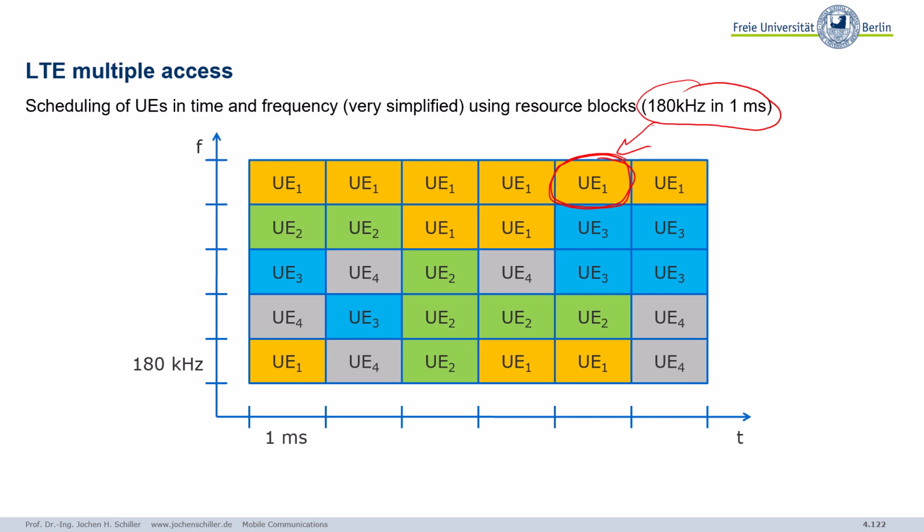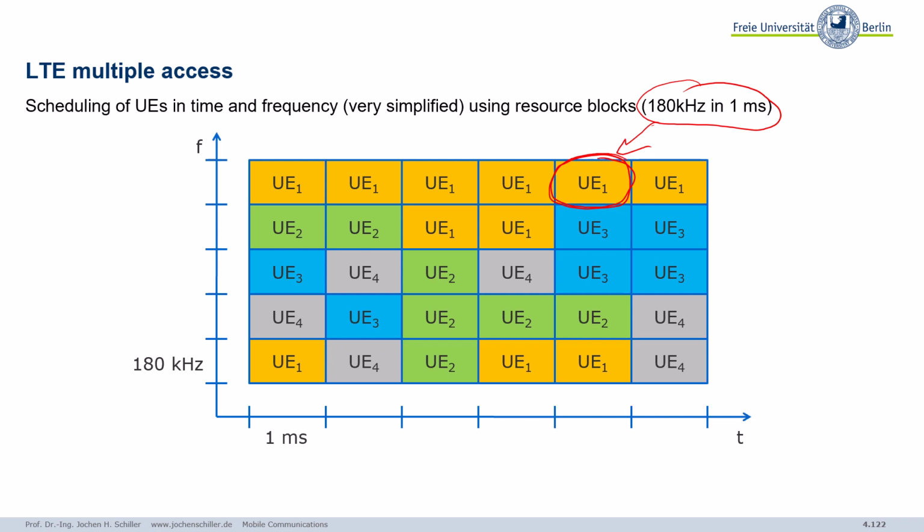No more code multiplexing, but pure frequency and time multiplexing, using orthogonal frequency division multiple access, OFDM. That's a scheme I introduced briefly in the very beginning when we talked about multiple access, etc. If you're interested in more details, there are very good tutorials and video clips about how you then in the end map your user bits onto so-called symbols, then OFDM, how you perform this, how you apply this.